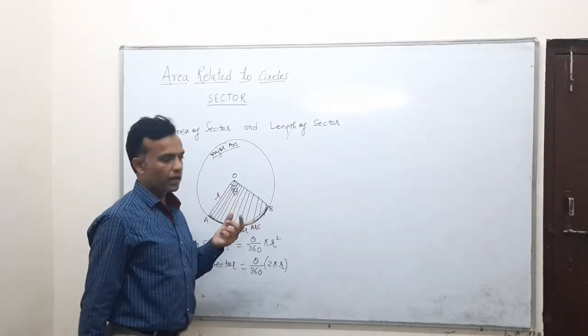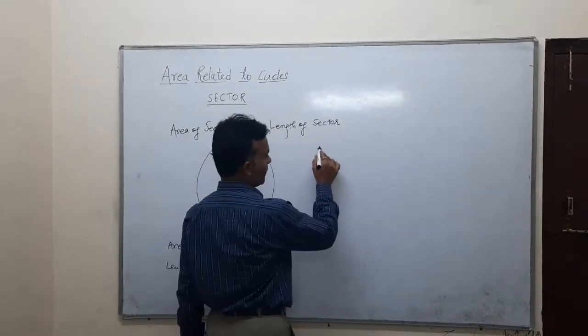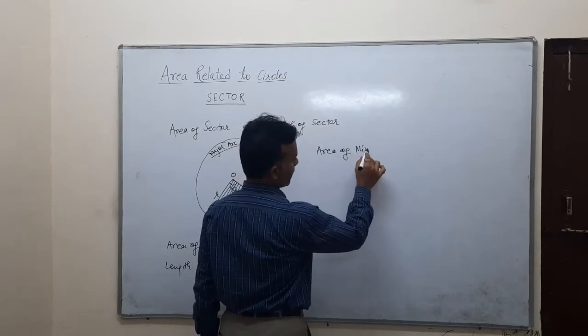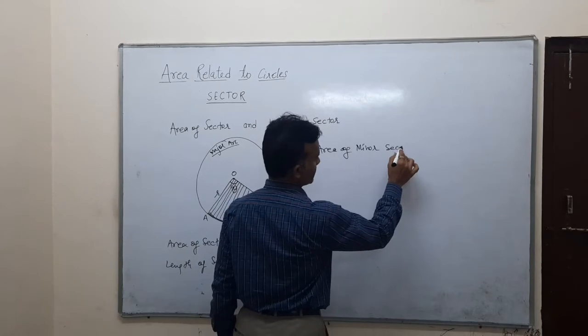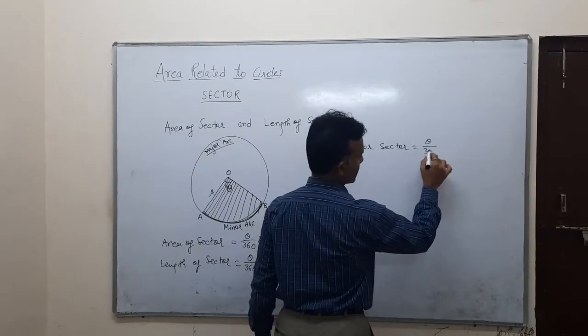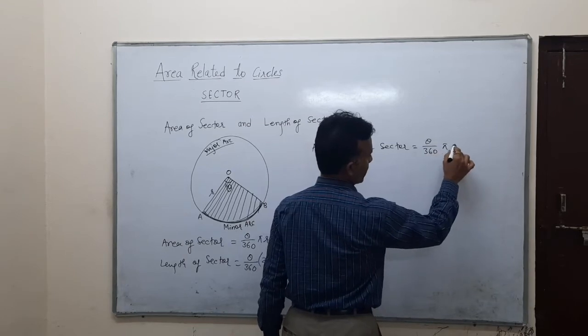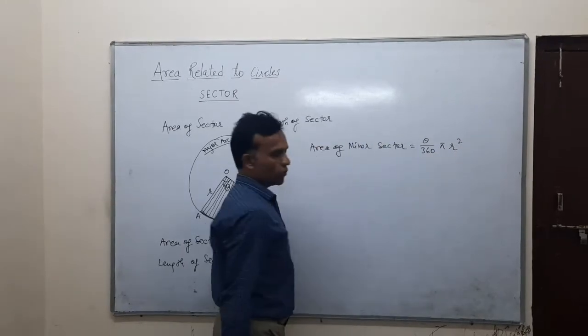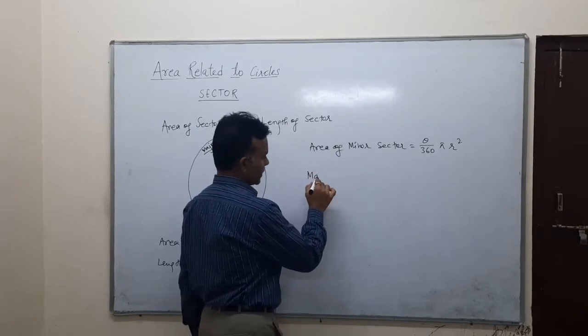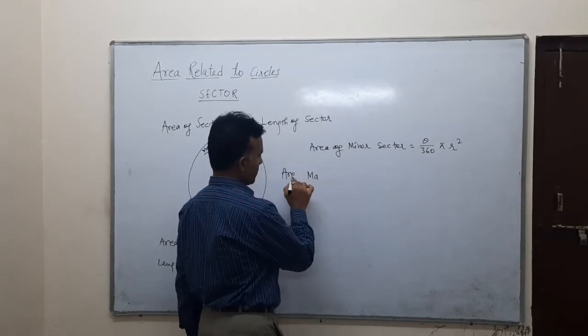First you find the area of minor sector, that is theta by 360 pi r square.